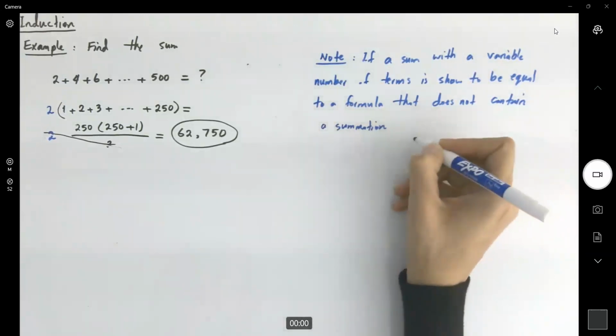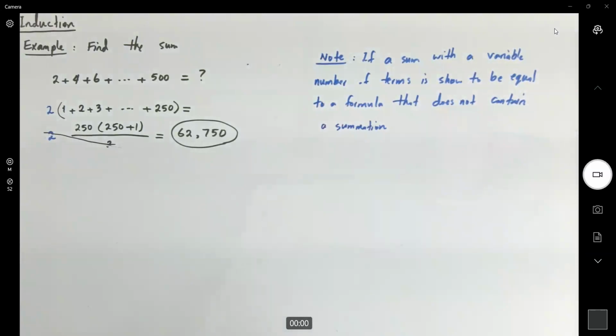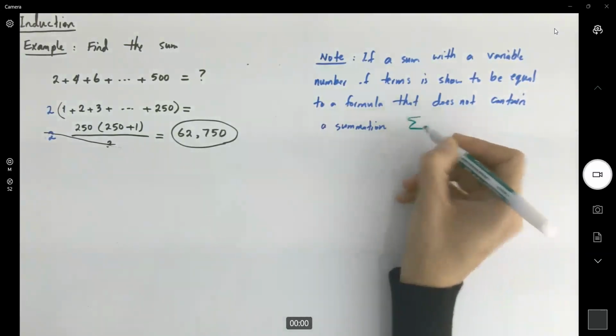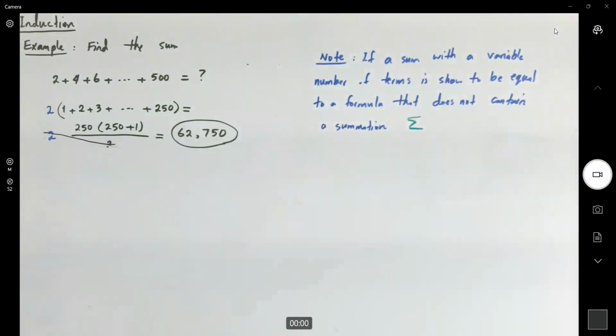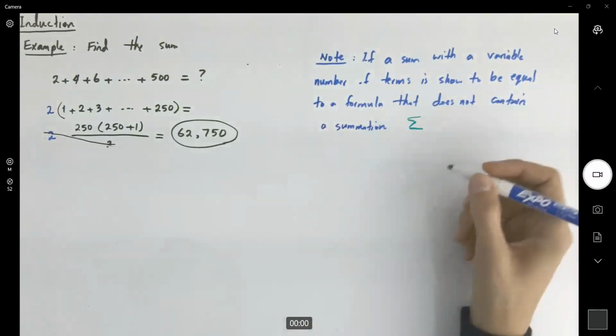remember the summation symbol, you learned about it in sequences and series, we say that it's written in closed form.